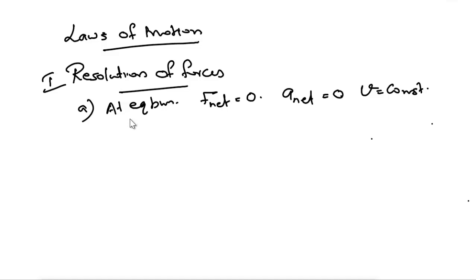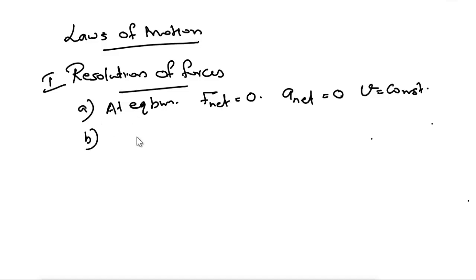That is, if the system is at equilibrium. If the body is at equilibrium, net force acting on it is 0. That means the total acceleration acting on it will be equal to 0. If acceleration is equal to 0, velocity is not changing, so velocity is a constant.